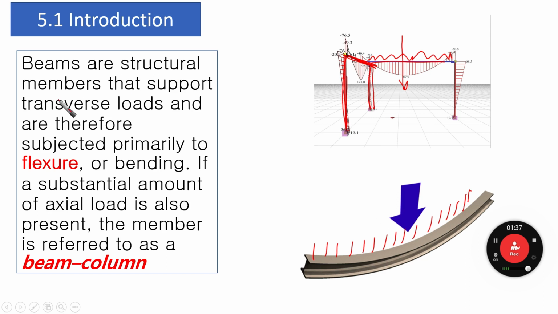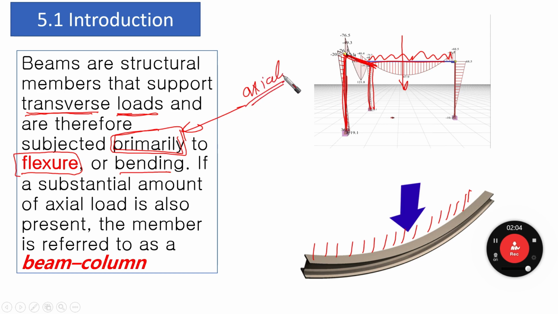Beams are structural members that support transverse loads. That's the key word here, transverse loads, and are therefore subjected primarily to flexure, or bending. So why the word primarily here? Because sometimes there are some axial forces, but we are not going to consider them.